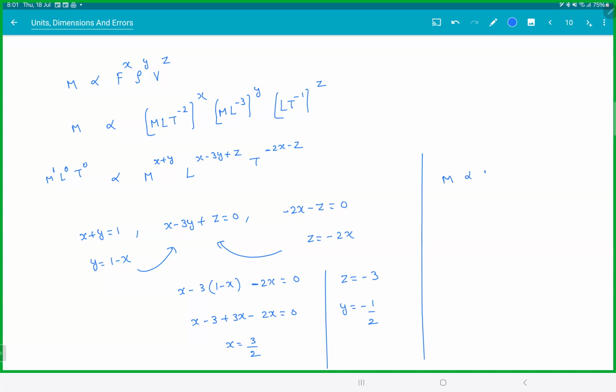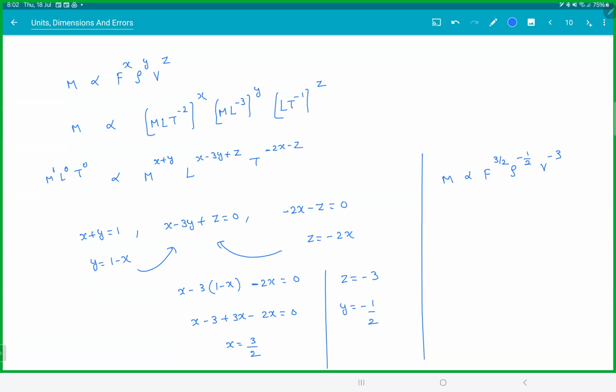So m is proportional to f power 3/2, rho power minus half, and v power minus 3. Make sense? Easy? Yeah. Next one.